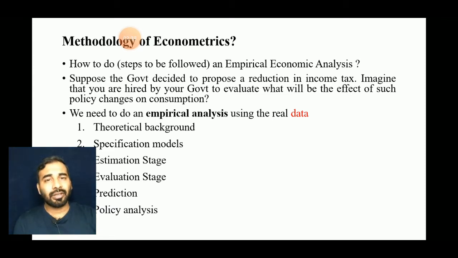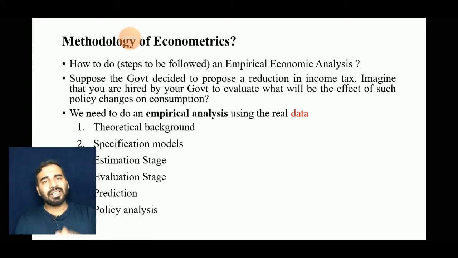First one, formulation of an economic theory or theoretical specification stage. In this stage, we have to specify our economic theory. As we have seen, econometrics is nothing but economics plus maths and statistics, so the first thing we have to focus on is economic theory.